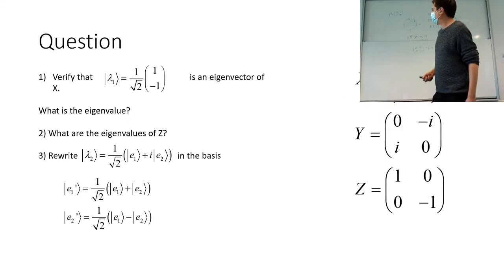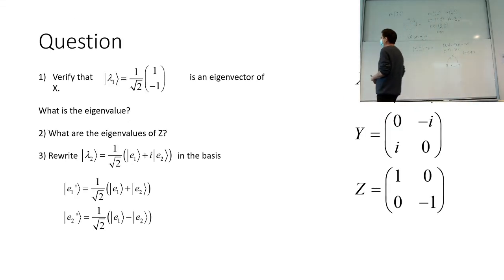Okay, all right. So let's just do a last kind of question here. So the first one, verify that vector there is the eigenvector of X. We've got X over here. And then find its eigenvalue.